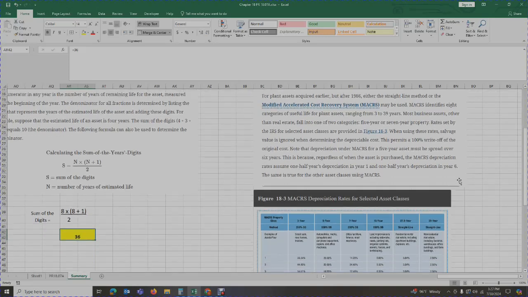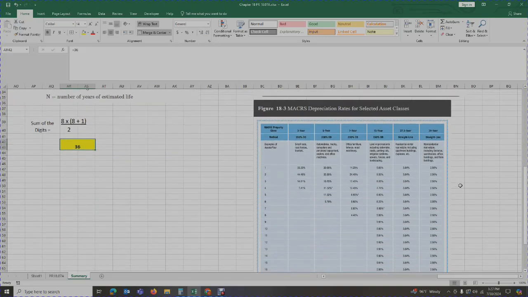So, they give you the schedule for the MACRS, the depreciation rates for the selected assets. They give you a predetermined rate depending on the type of asset it is: 3-year, 5-year, 7-year, 15, 27.5, or 39. And then they give you the types of assets that fall in those categories.